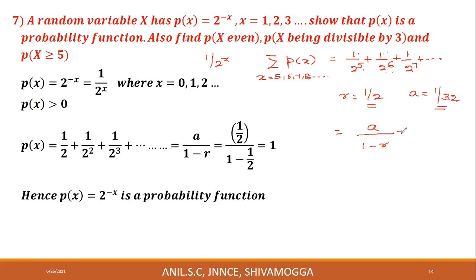Make these substitutions. A is 1 divided by 32, divided by 1 minus r, and r is 1 by 2. Therefore, this is equal to 1 over 32 divided by 1 minus 1 by 2, which is 1 by 2. Therefore, this is equal to 1 by 16.